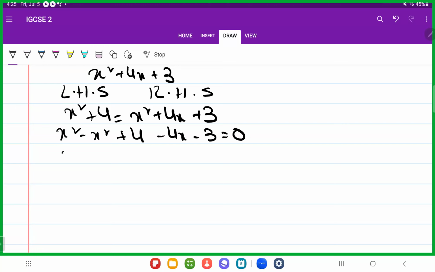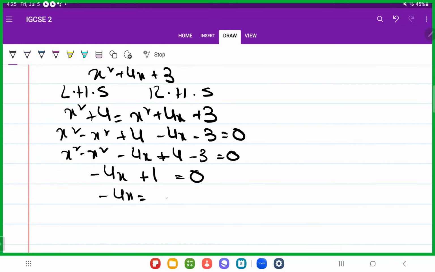Then I'll put all the like terms together, in an order: power of 2, then power of 1, and then the terms without the unknown. So x squared minus x squared becomes 0. So I'm left with minus 4x plus 1 is equal to 0. So this becomes minus 4x is equal to minus 1, and x is left with 1 upon 4. Right?